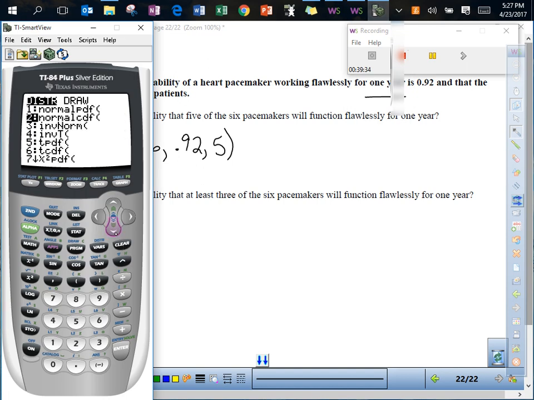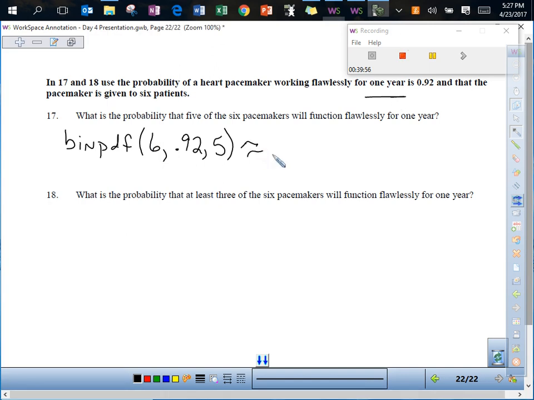Second bars down to the A in my calculator. There's 6 of them, comma. 0.92 is a success, comma. We're looking at exactly 5. So there's where I got my 0.3164.